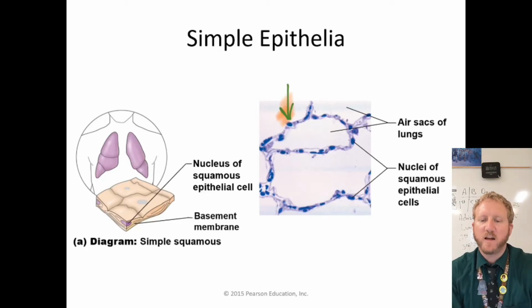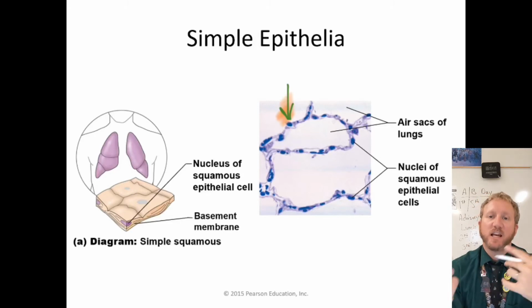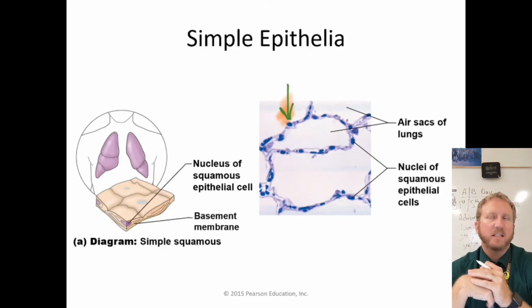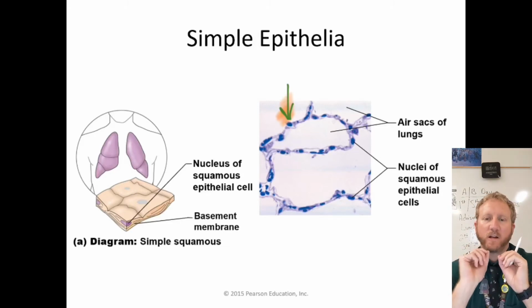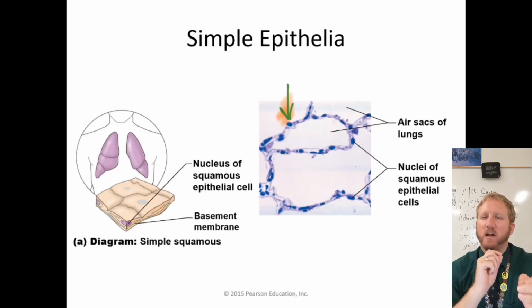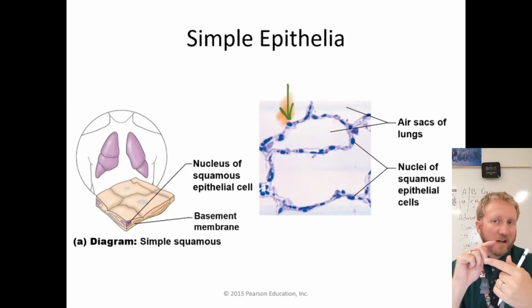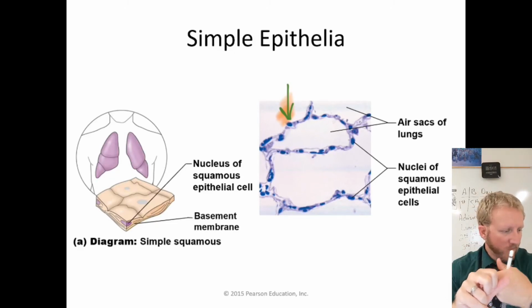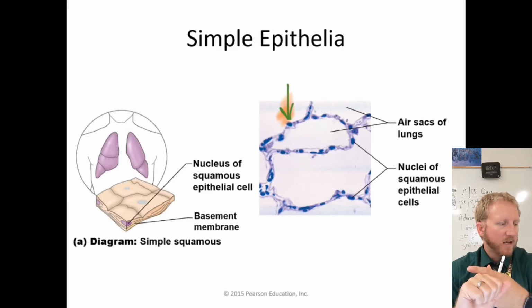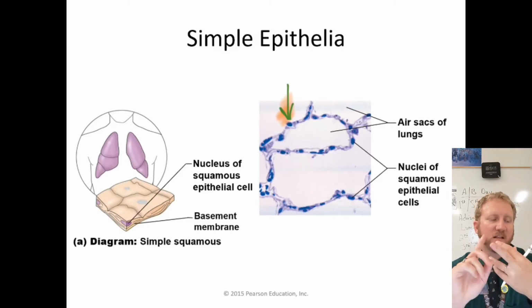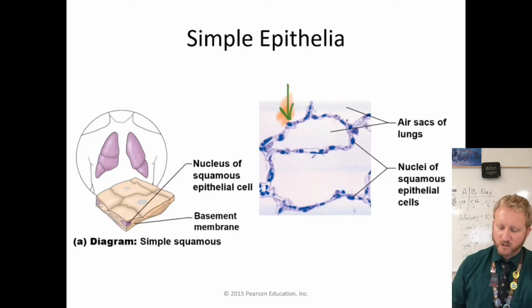This is the lining of the lungs, where gas exchange actually takes place. You don't want the oxygen coming in and the carbon dioxide coming out to have to pass through a lot of cells. That slows down the process. And so you've only got one set of cells. You can also find these in the walls of capillaries, around serous membranes. They function in, like I said, diffusion, filtration, and secretion.